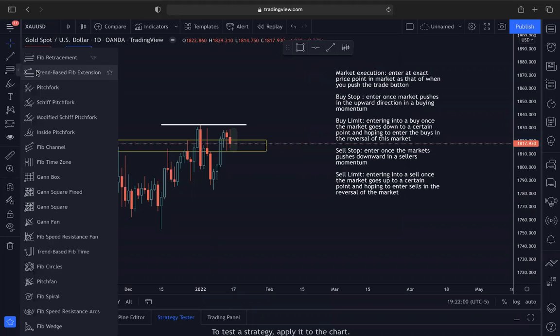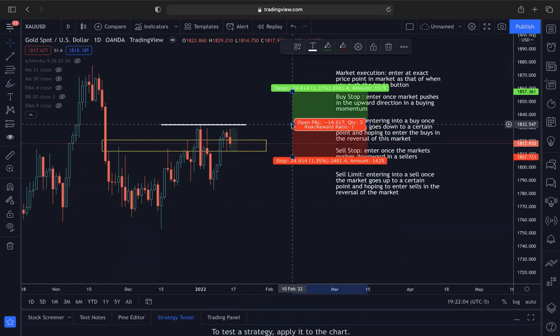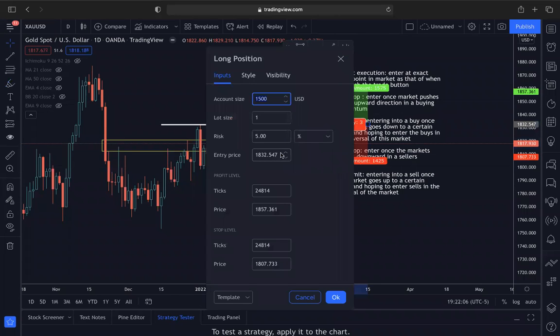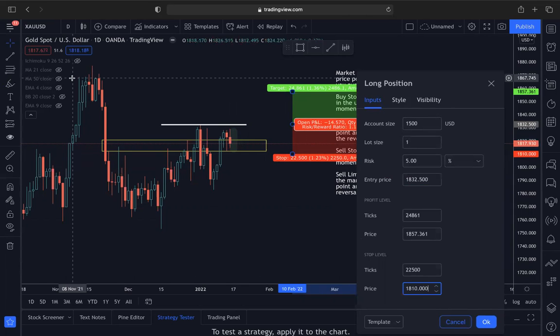So what we can do is we can set up a buy starting at that area, 1832.5. Stop loss, last lowest area is a little bit risky, but we'll just put it below here, 1810, we'll say. And then take profit, last area of interest, about 1865, 1870.